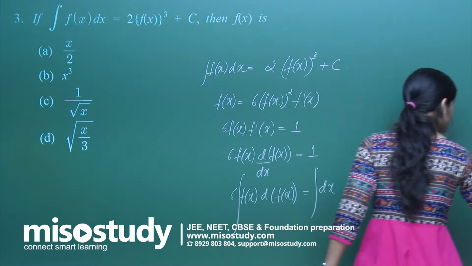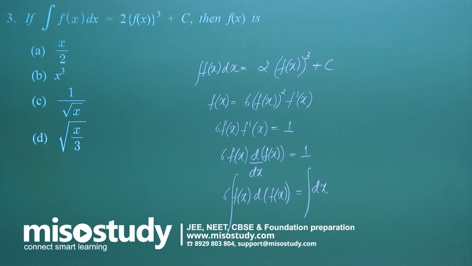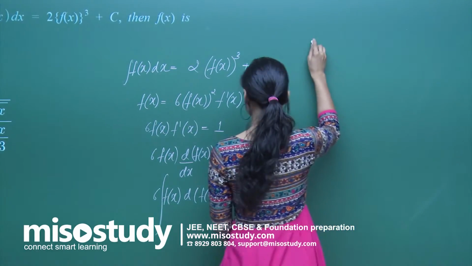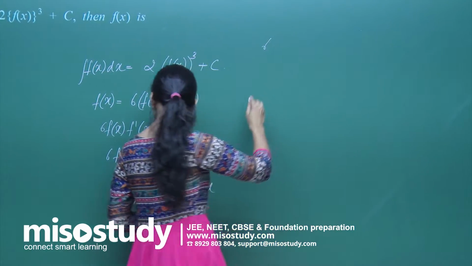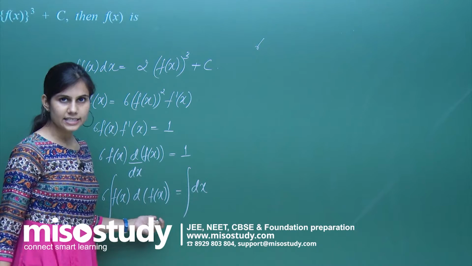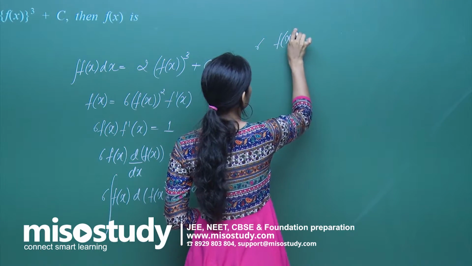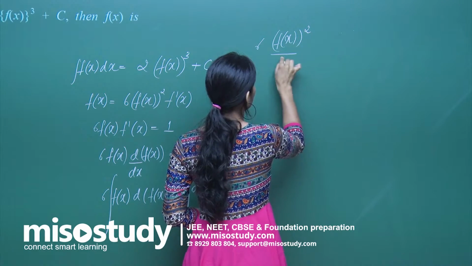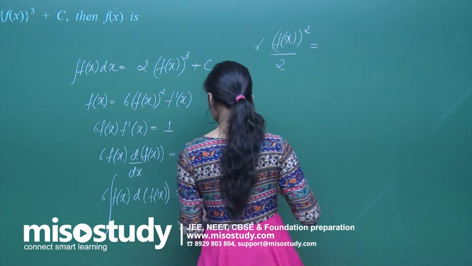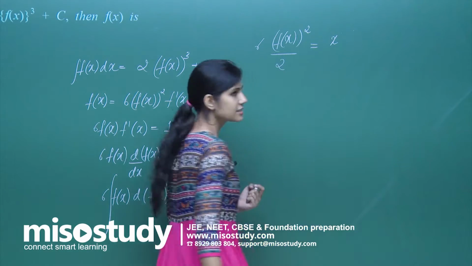When you do this, what is it that you get? You get 6. Integration of x dx is x square by 2. So here you get f(x) square by 2. And this is equal to x.